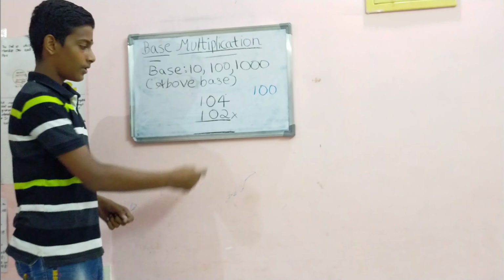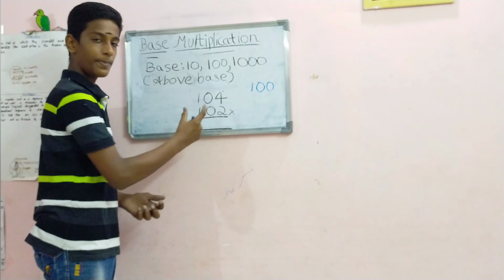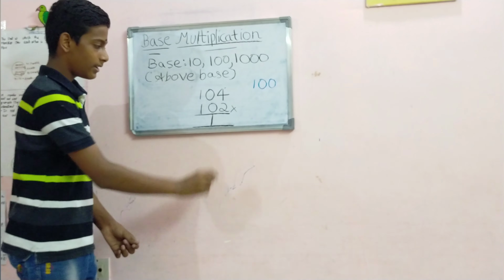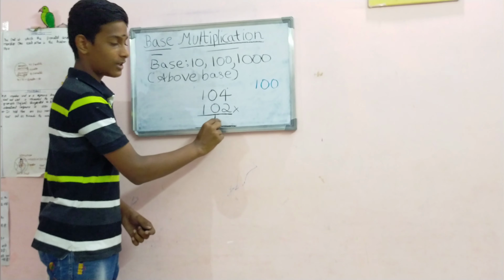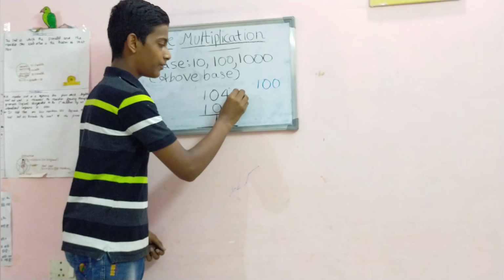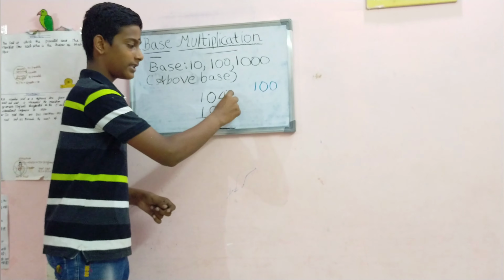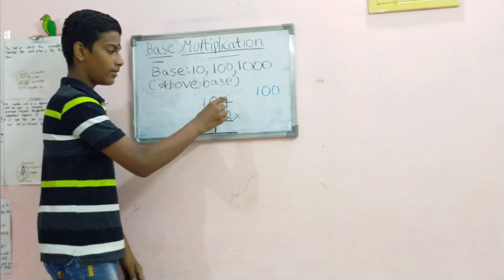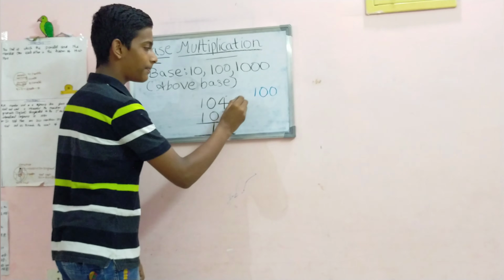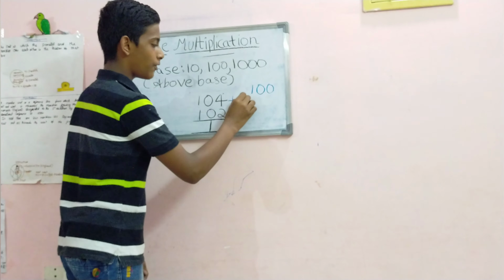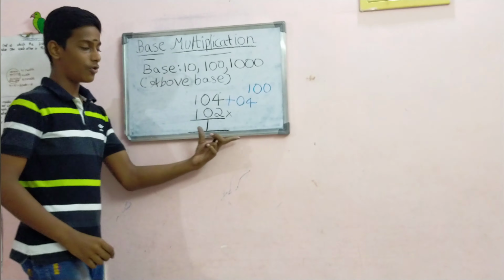Here also the answer results in two parts. To obtain the last part of the answer, as we did in base 10, we have to identify by how much these two numbers are greater than the primary base. Here 104 is greater than the primary base 100 by 4, 0, 4.